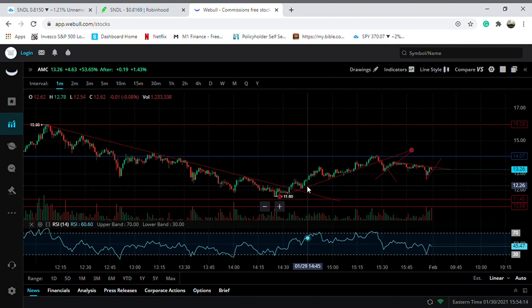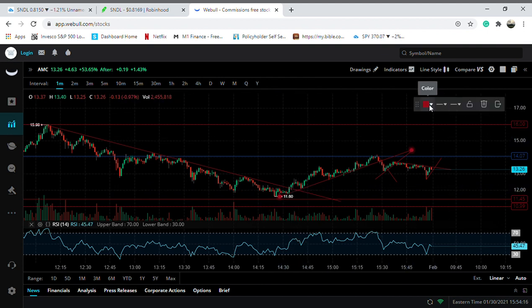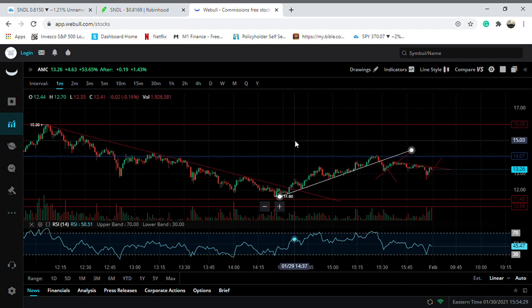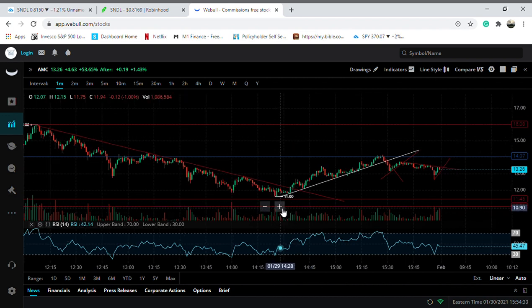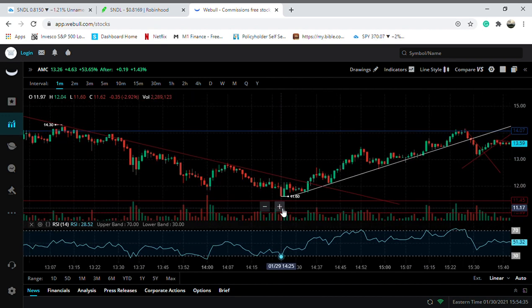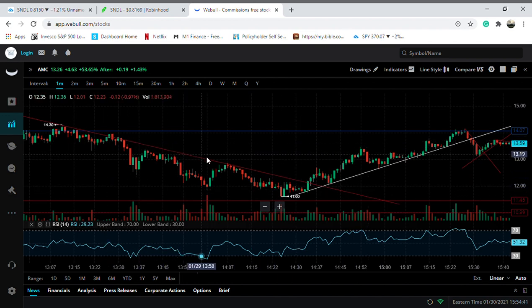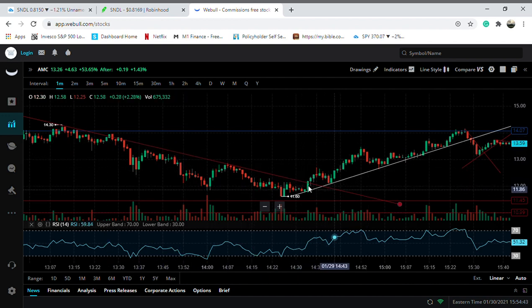Let's go ahead and change this so it's easier for you guys to see. I think that's a good color. So now that we broke this downtrend, here's how you know that you broke it: you followed your touches on how many candles went down.